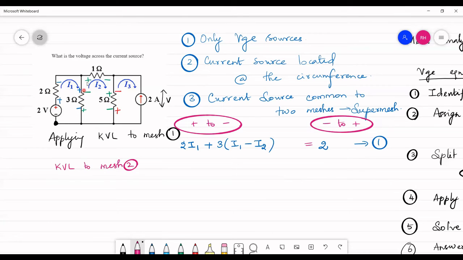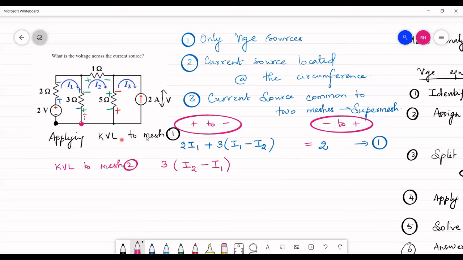So when you write KVL, you're going to start from some random point. So let this be the random point, and let me start to move in this direction. So I walk along mesh 2. First I cross from plus to minus and I see a voltage drop of 3 into I2 minus I1.